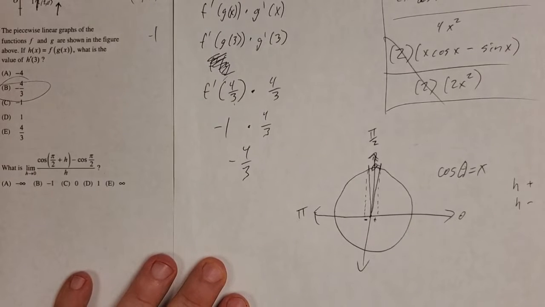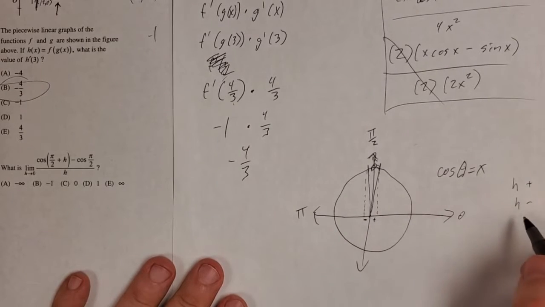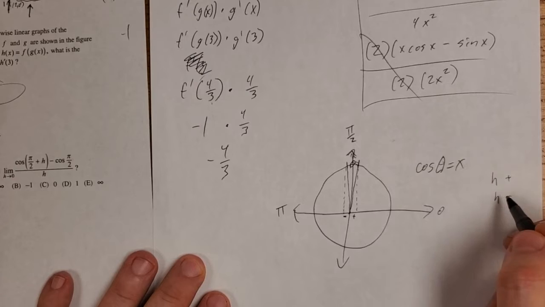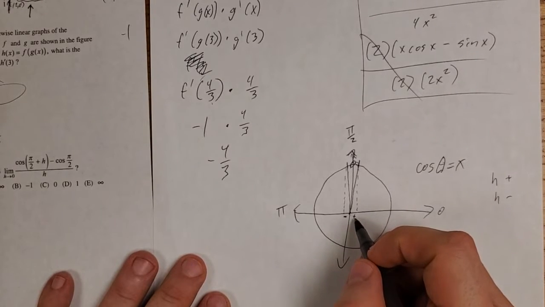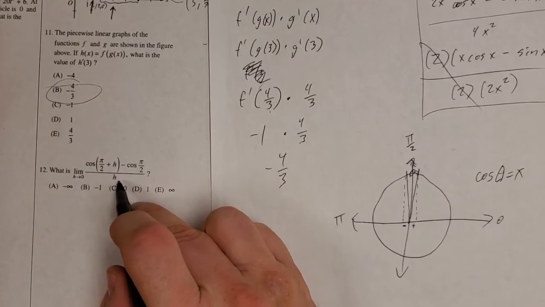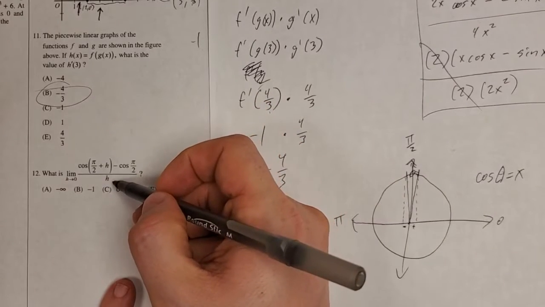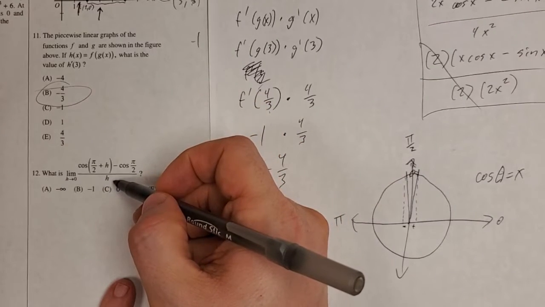And so we just kind of round, and we notice that for a negative h, you get a positive number here, which would be a very small positive number on top, and a very small negative number on the bottom.